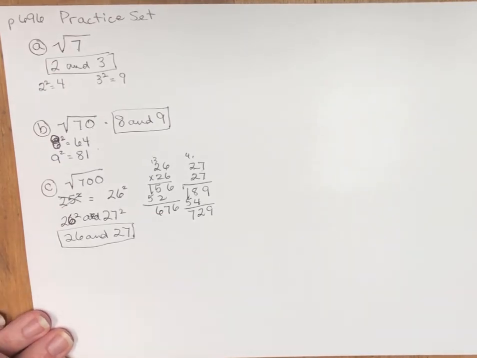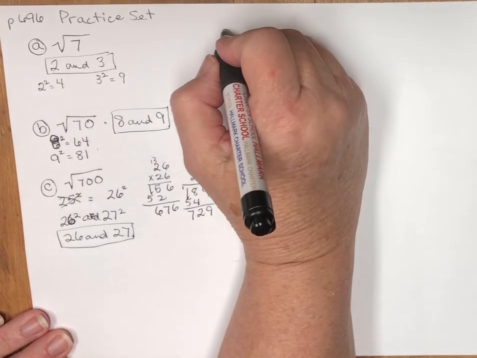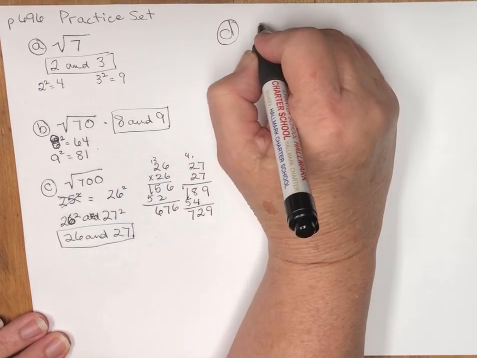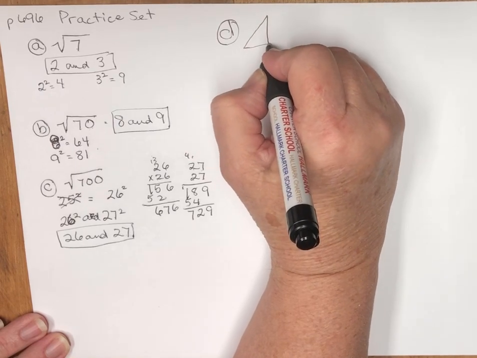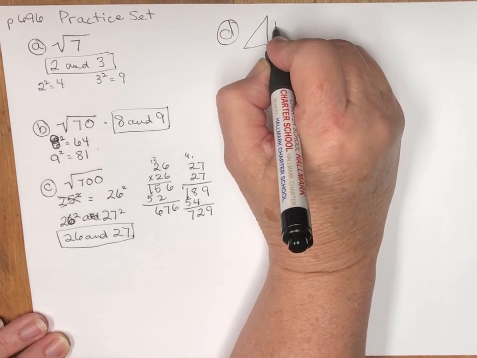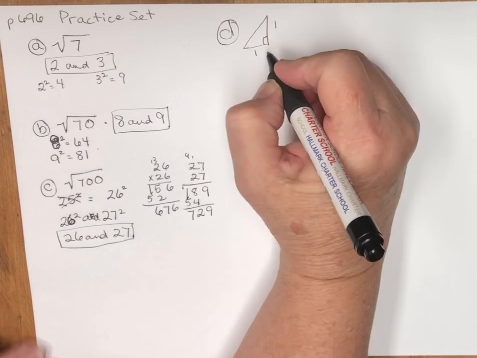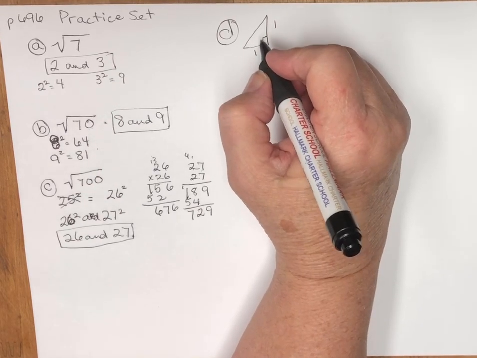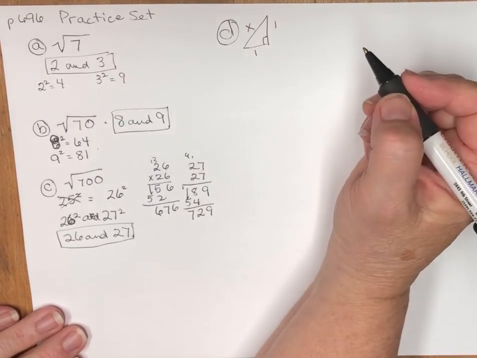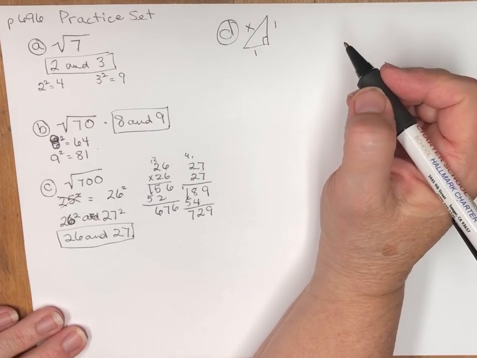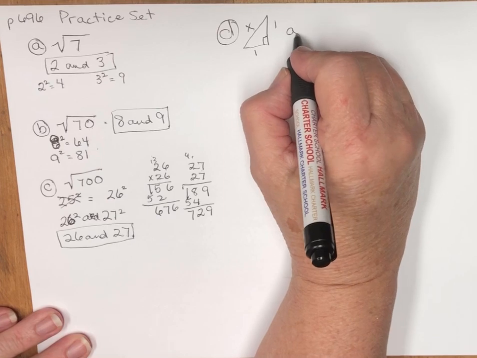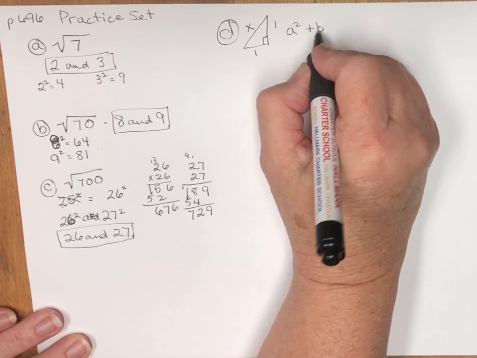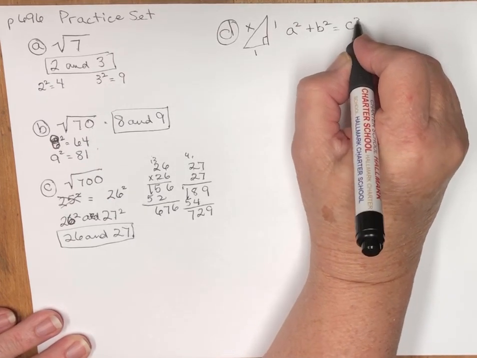Now we look at D. D is a drawing. It has a triangle that we're going to draw and identify. There's a 1 and a 1. There's a box showing that this is a right angle. And then we have an X, and they ask us to find the x. So we know by the Pythagorean theorem, a squared plus b squared equals c squared.